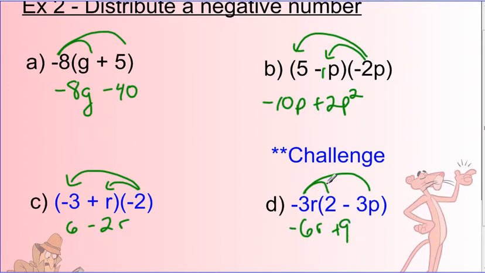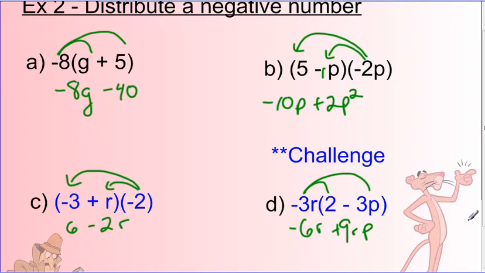And r times p is rp. So we got negative 6r plus 9rp. These variables cannot be combined together because they're different. So we can't say like p squared or r squared because we have two different variables.